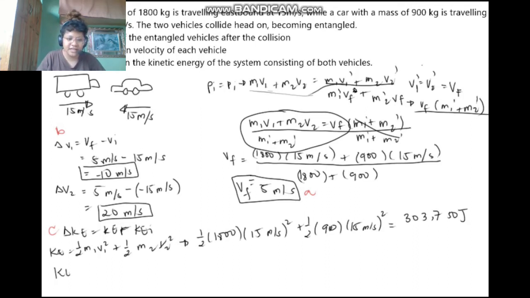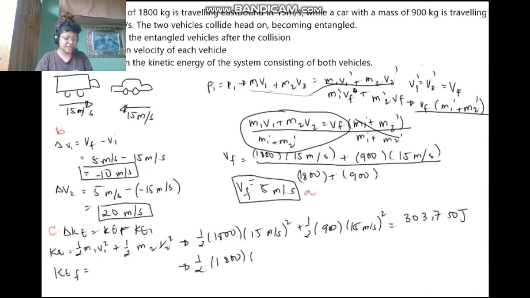For the final kinetic energy, we're going to do the same. 1 half times 1,800, which is the mass, multiplied by the final velocity of both vehicles.